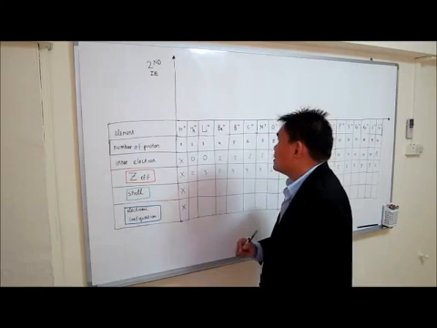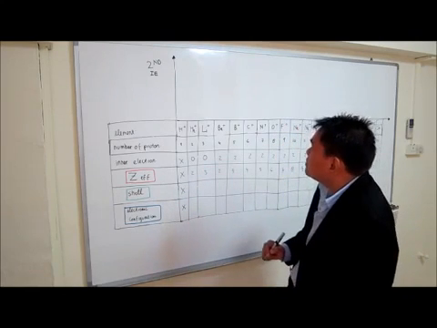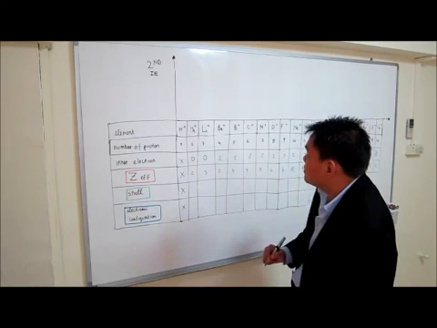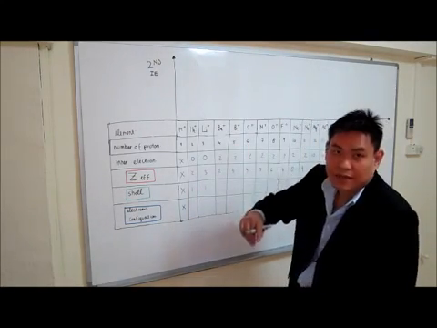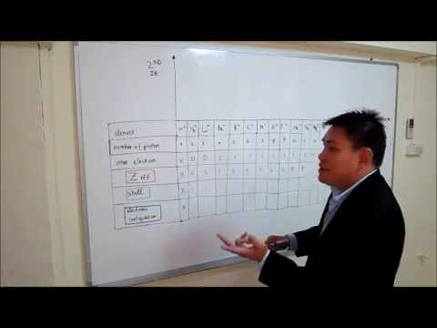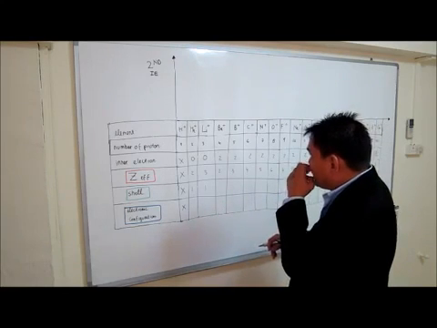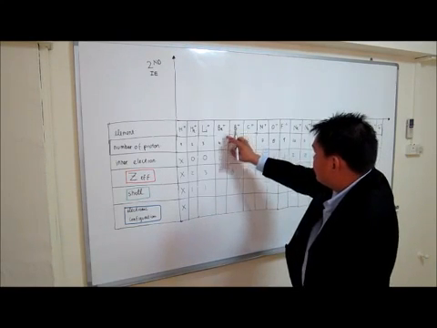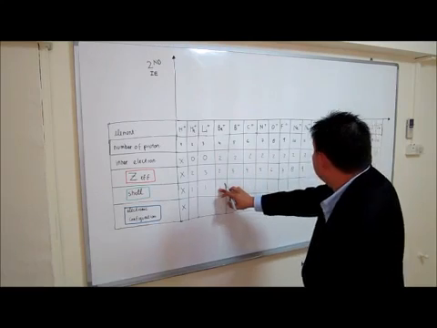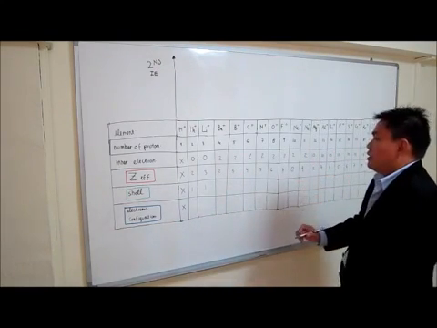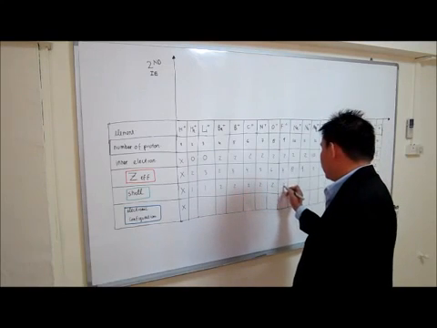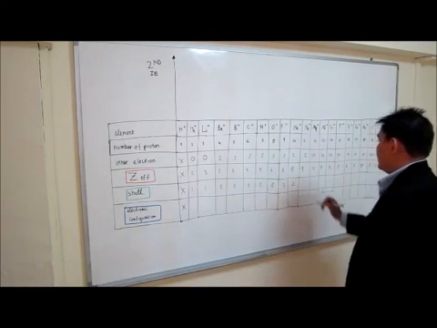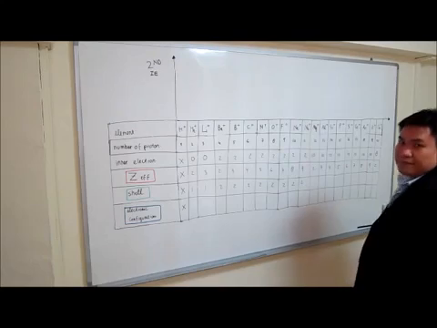Number of shells is also quite simple. Helium and lithium have 1 shell only, because Li+ has 2 electrons. Initially 3, then becomes 2. In the case of Be+ to Na+, all of them have 2 shells.